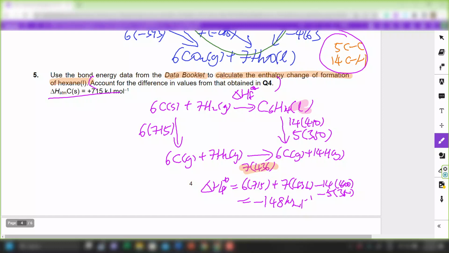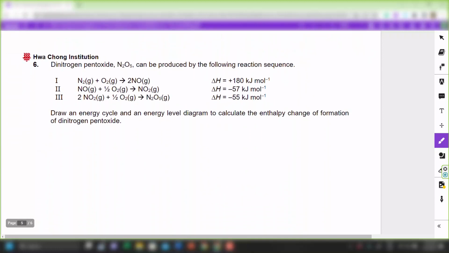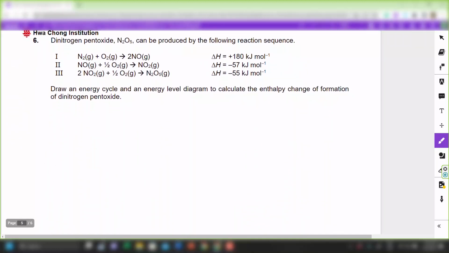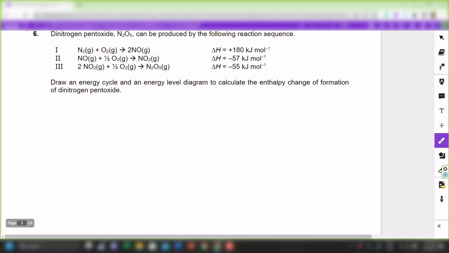So we assume that we are looking at a system where the dihydrogen is free to roam around, move around, collide and give rise to the product. Then next we're going to move on to question 6.